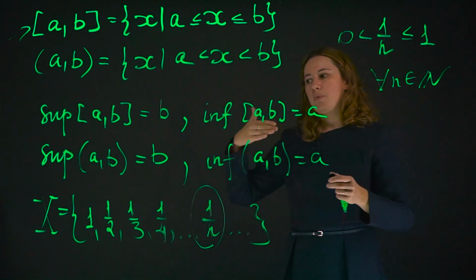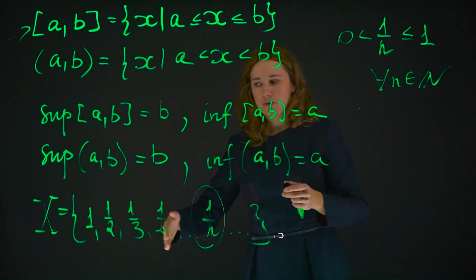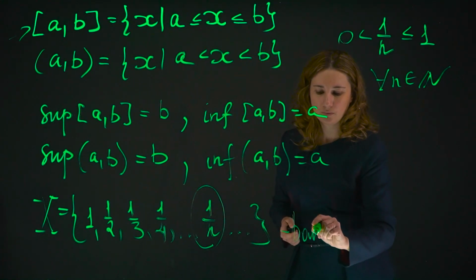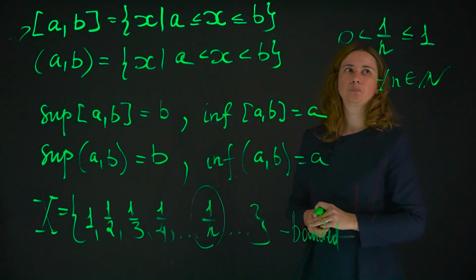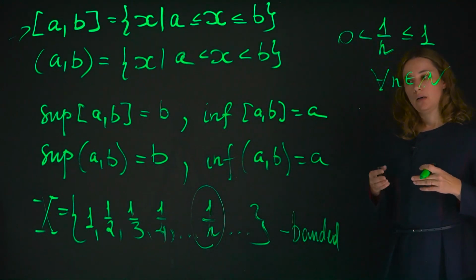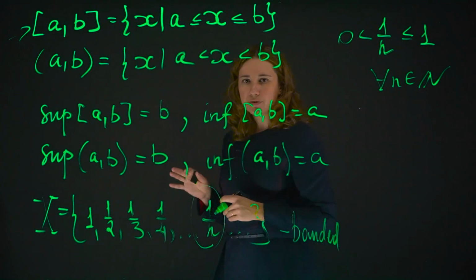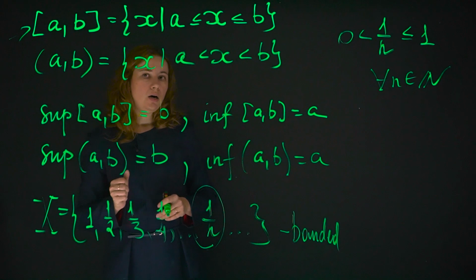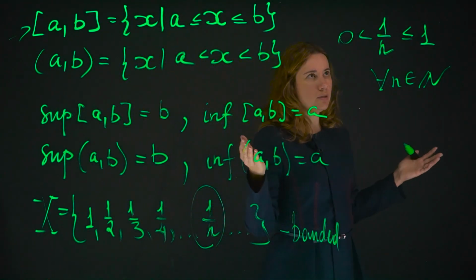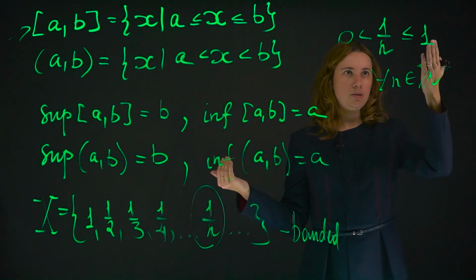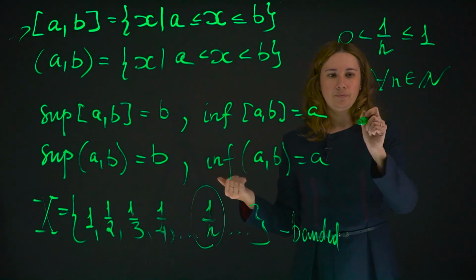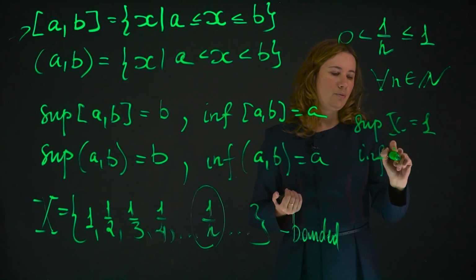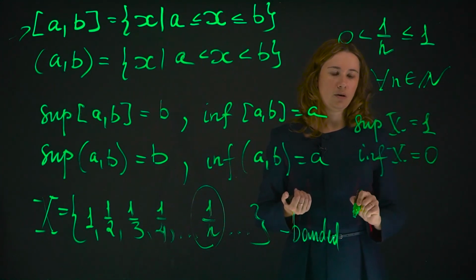X is bounded both from below and from above, so X is bounded. Now, let's try to find the supremum and the infimum of this set. I think you've guessed that the supremum is 1, the infimum is 0.